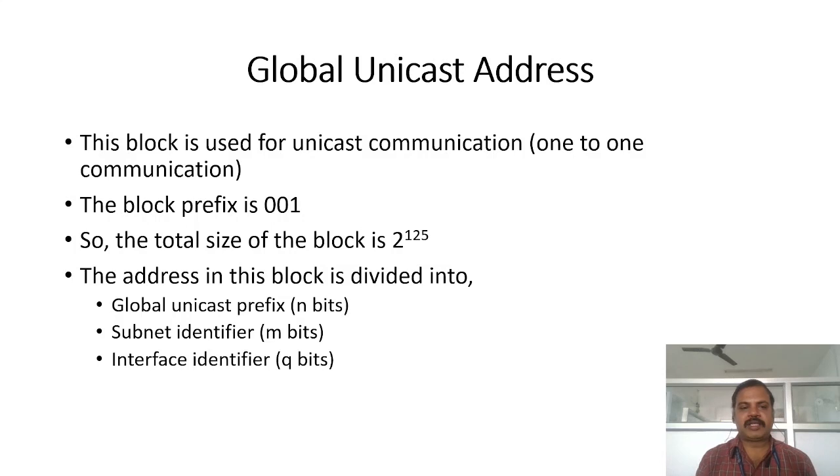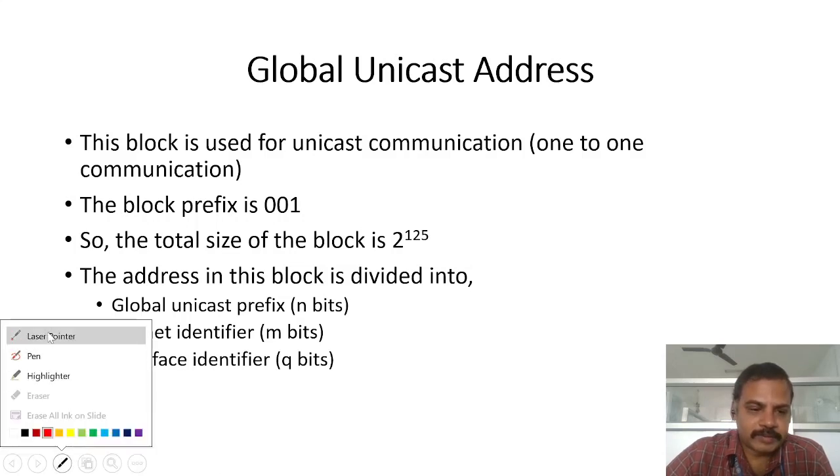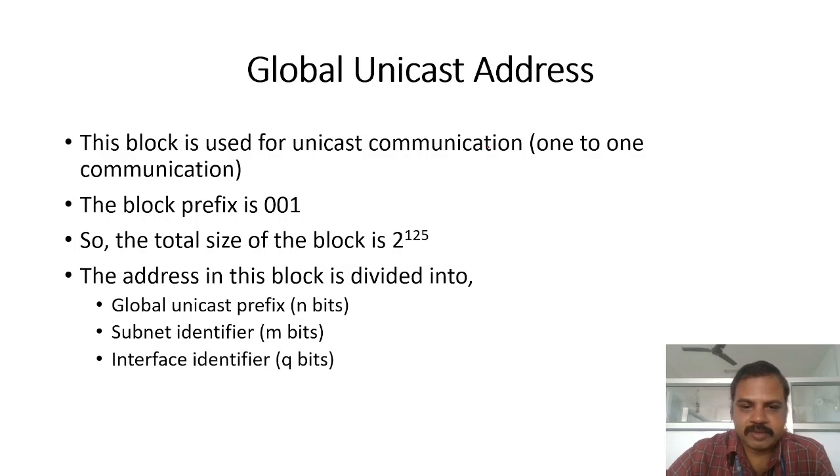Let's see the global unicast address. So basically, as I told, it is used for one-to-one communication. In other words, we'll be calling it host-to-host communication. Always the block prefix is 001. Can you please recall what is the IPv6 length?